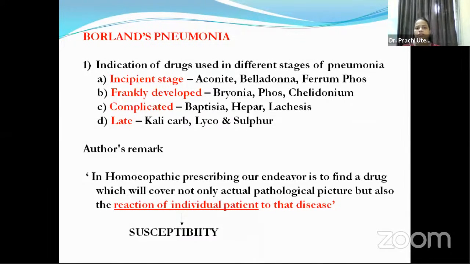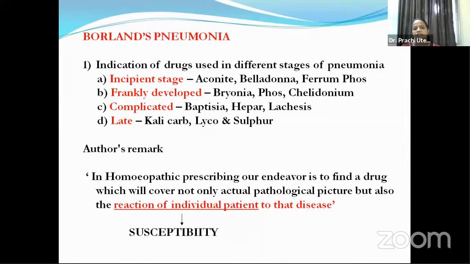In the incipient stage, the remedies usually coming in the initial stage of the inflammation are aconite, belladonna, ferrum; ipecac can also come in this. Frankly developed pneumonia: bryonia, phosphorus, and chelidonium; in complicated ones, usually bacillinum, lachesis, hepar sulph. In late pneumonias, kali carb, lycopodium, sulphur.